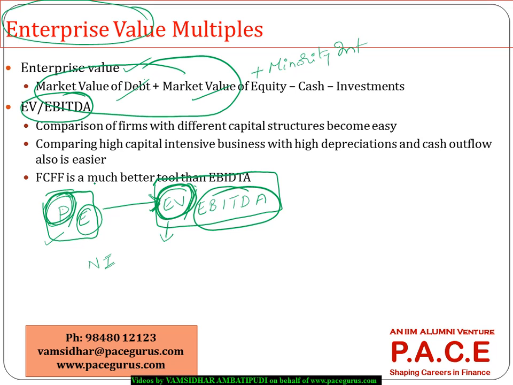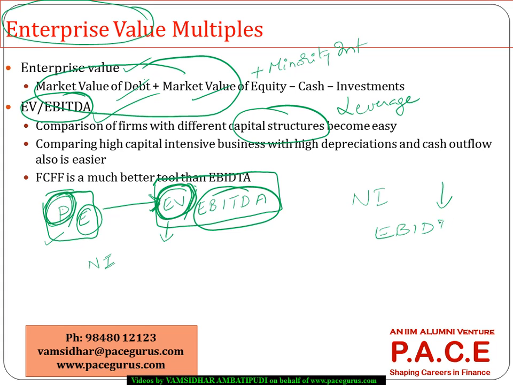So, especially for a firm with different capital structures, with different levels of leverage at different points in time, this ratio is much better compared to the P by E ratio. Similarly, even if the business is very capital intensive, the depreciation could be much higher, and because of that the net income could go negative, but the EBITDA is still positive.